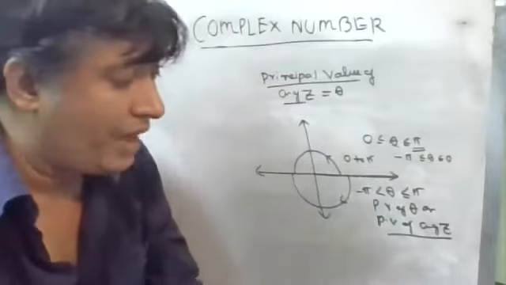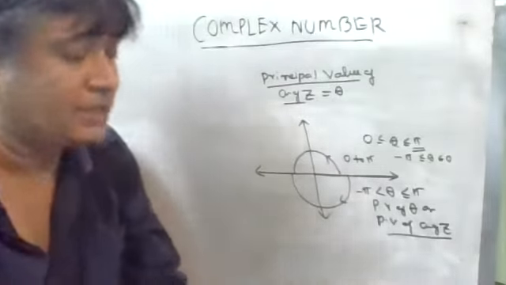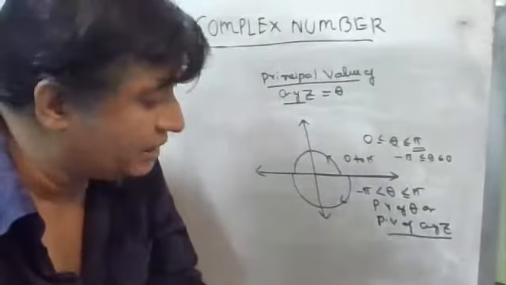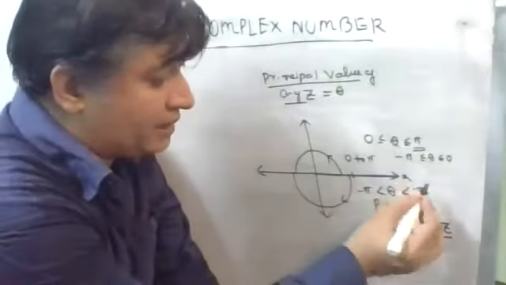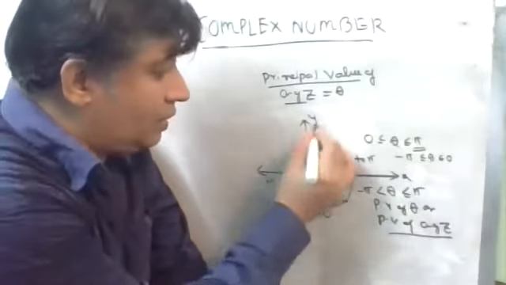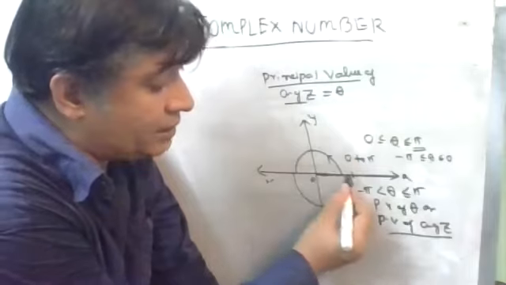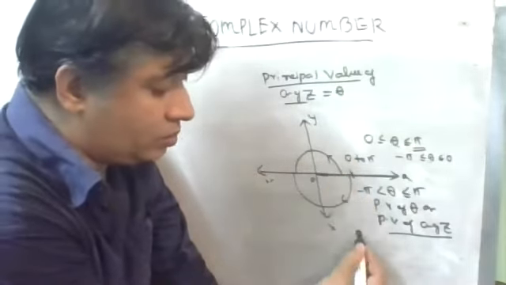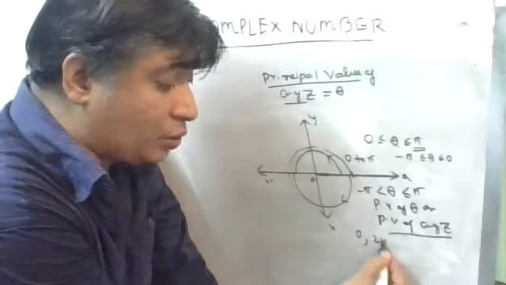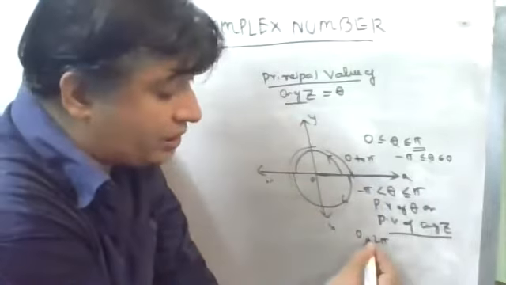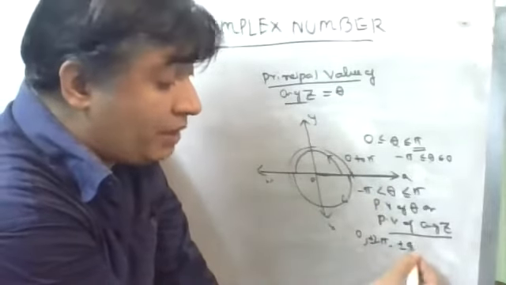So whatever the value of argument z, there can be so many values. Suppose any point lying on the x-axis, then it can be 0. If you give a 2 pi rotation, then plus 2 pi; in clockwise rotation, minus 2 pi; plus or minus 4 pi.